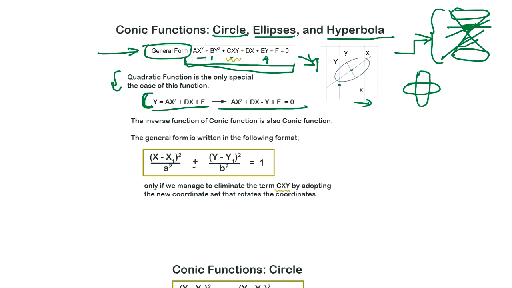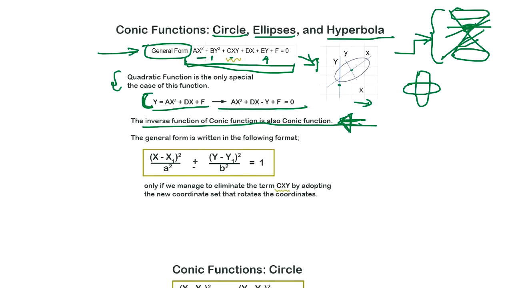So a quadratic function is a very special case of a conic function. And the inverse function of a conic function is also a conic function, because x and y can be symmetric in the role of the variable.